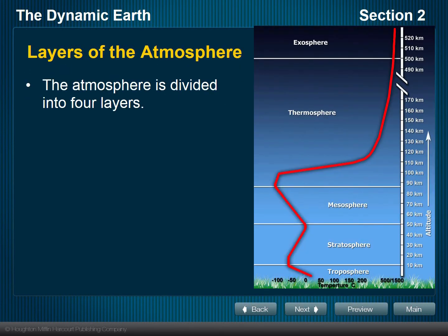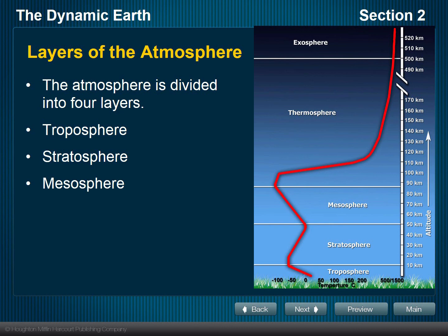The atmosphere is divided into 4 layers based on temperature changes that occur at different distances above the Earth's surface. These 4 layers include the troposphere, the stratosphere, the mesosphere, and the thermosphere.